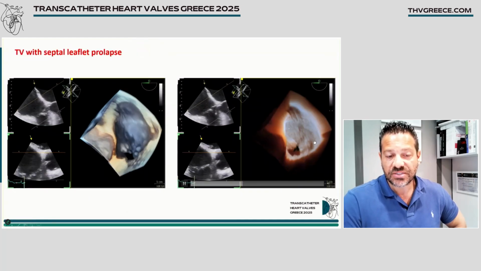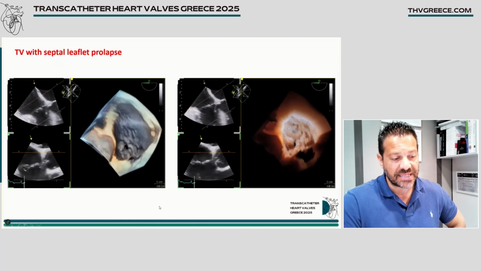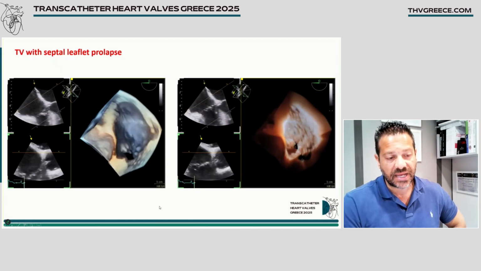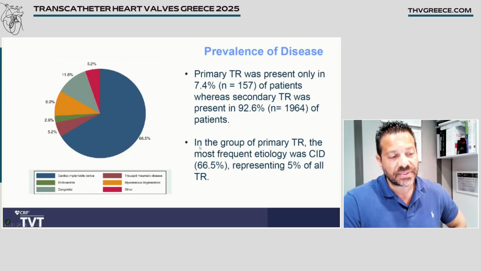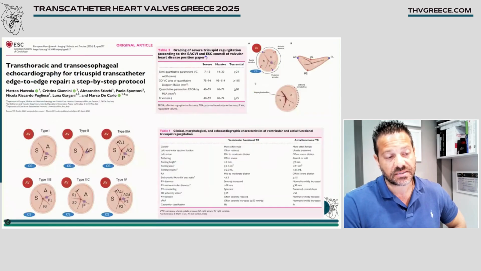We might have patients with prolapse like this one, where you can see septal leaflet prolapse very nicely demonstrated with 3D echo. But more than 90% of the cases have ventricular or atrial functional TR. It is very important to differentiate which is atrial and which is ventricular, because this will affect the prognosis and the adverse events of our patients.